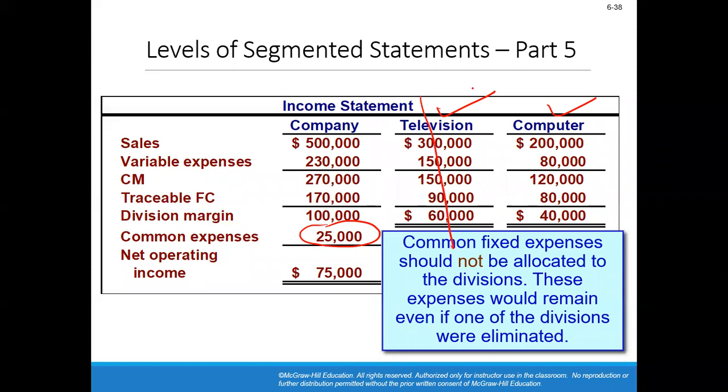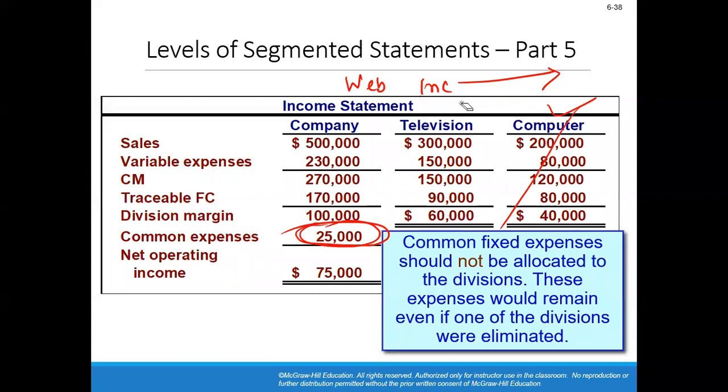If you do not have the television segment, or say, if you do not have the computer segment, but the company is running, in that case, you still have to incur this common fixed cost. So understand the distinction between the traceable fixed cost and the common fixed cost very clearly.